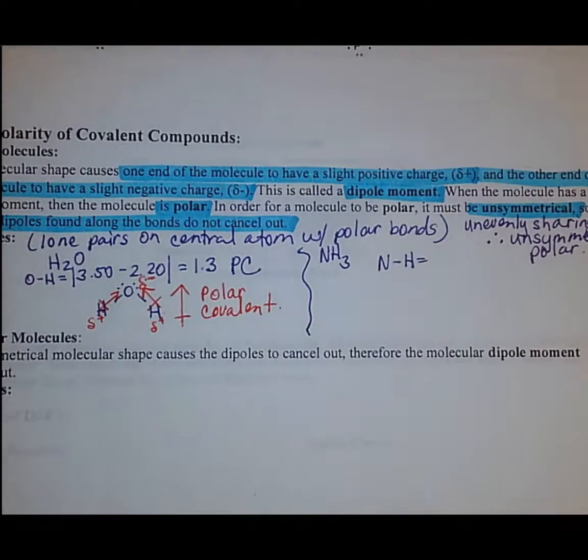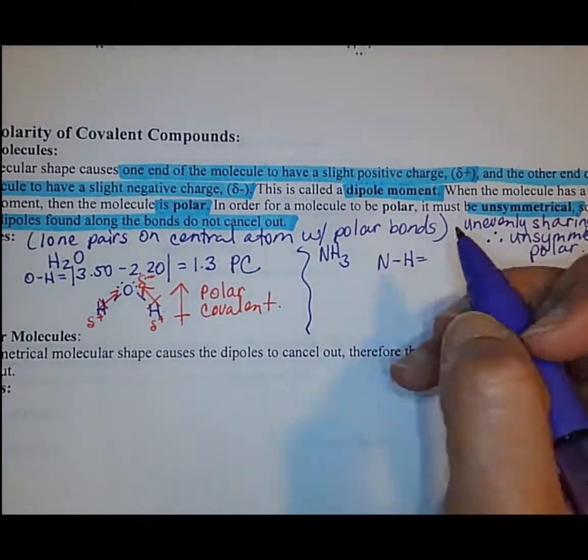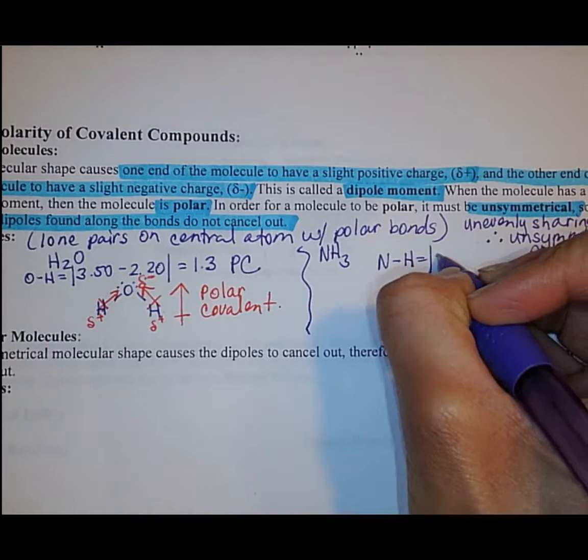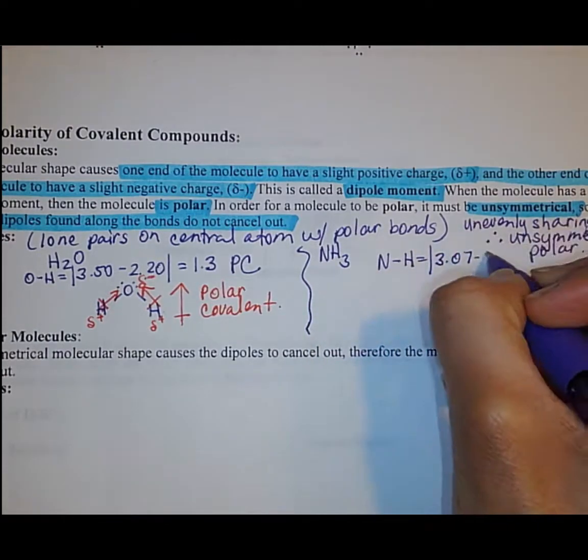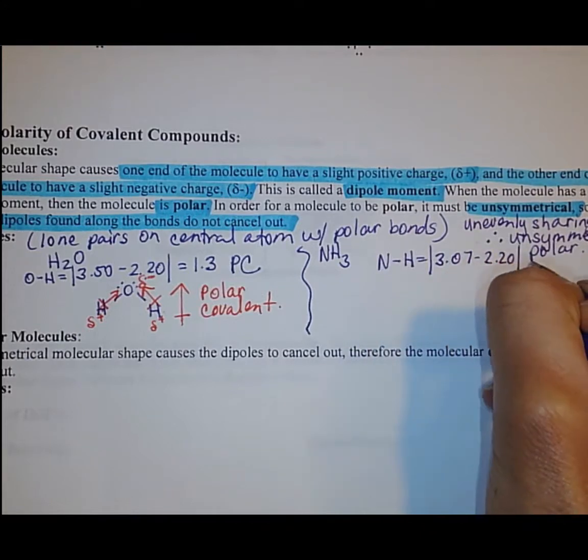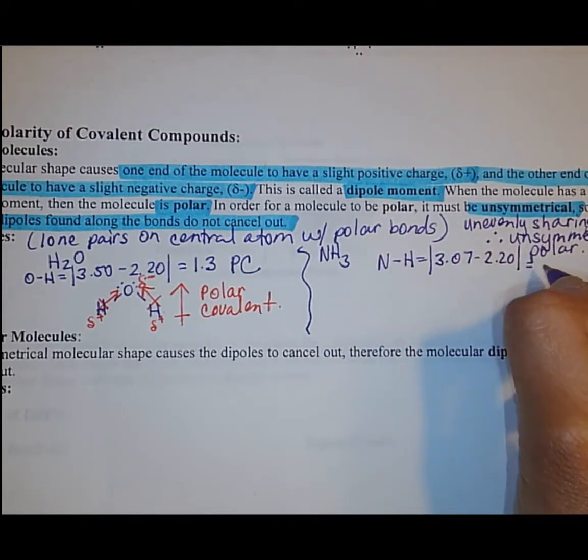Okay, so if we start subtracting, writing this down, keep in mind, you guys, that this is the absolute value that we are always dealing with. Electronegativity difference is the absolute value, and so that is going to eventually equal 0.87.